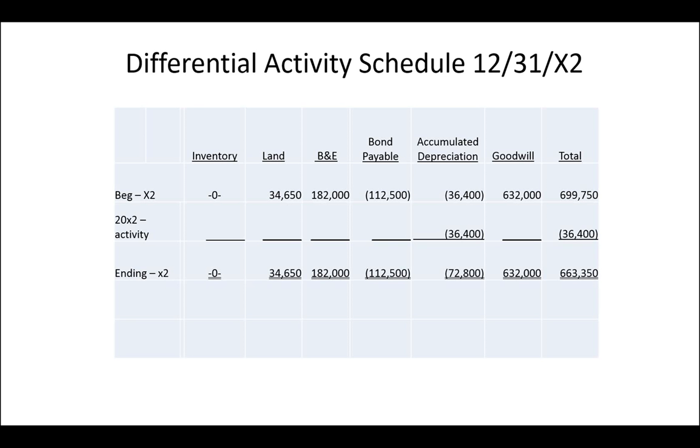This differential schedule works similar to the book value schedule. It is a continuous running balance schedule, so the ending balances at the end of X1 will become the beginning balances for X2. We see from the entry that we've just used one item, which is the depreciation of $36,400.